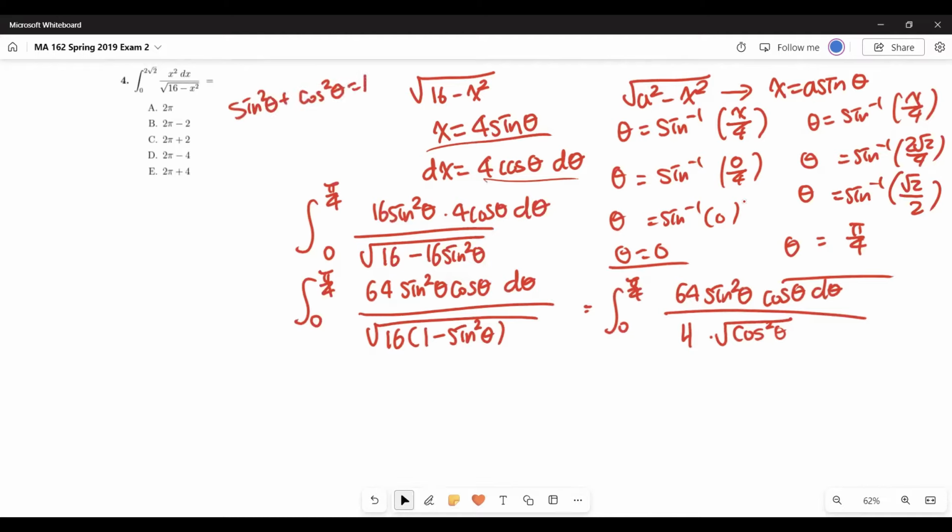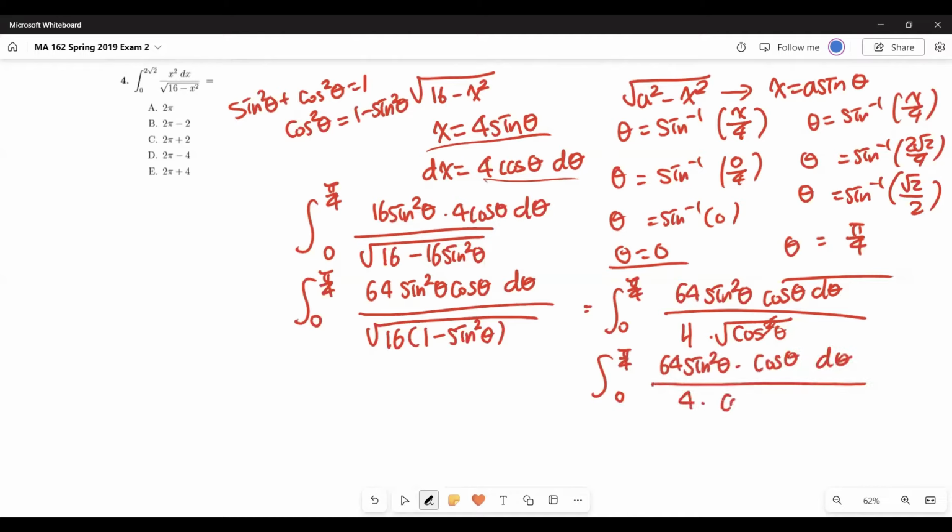So 1 minus sine squared theta is equal to cosine squared theta, right? Which is why you put the cosine squared theta inside the square root, and the square root and the square will cancel out. So it's going to be 0 to pi over 4, 64 sine squared theta cosine theta d theta over 4 times cosine theta itself. Cosine theta cancels out, 4 and 64 cancel out, and this becomes just 16.